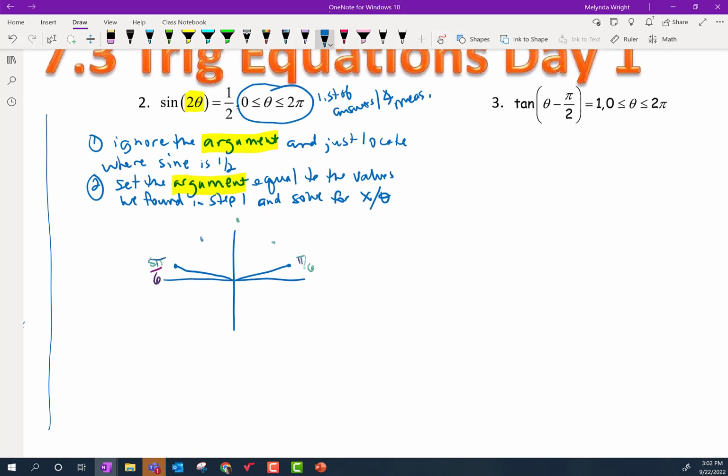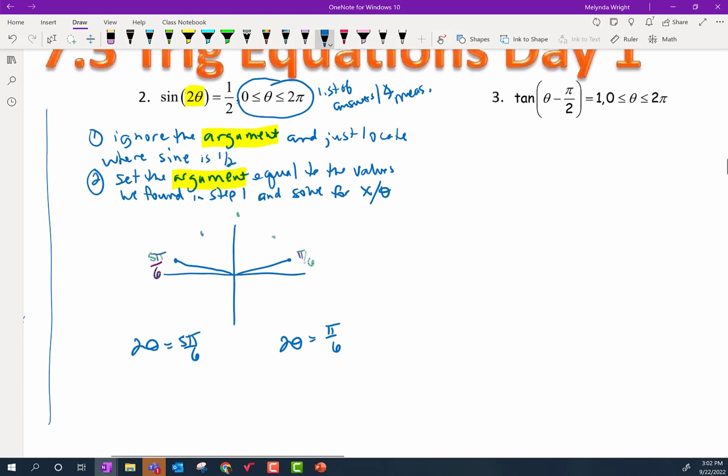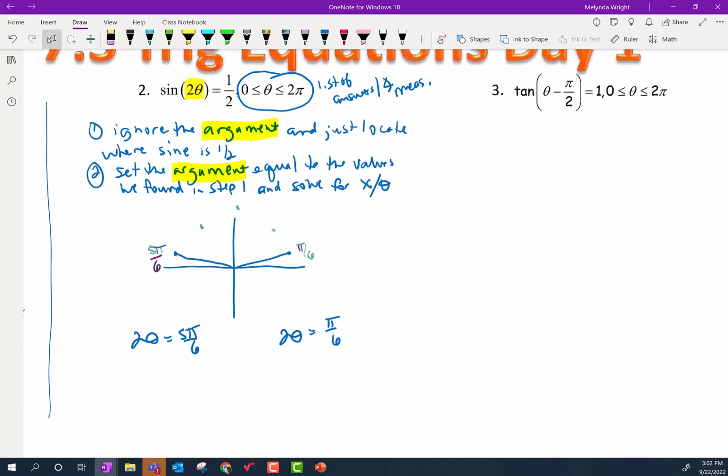So I do 2 theta equals 5 pi over 6, and 2 theta equals pi over 6. Which means I need to divide both sides by 2 or multiply by a half. I would actually prefer to multiply by a half. It just seems easier than dividing by 2.